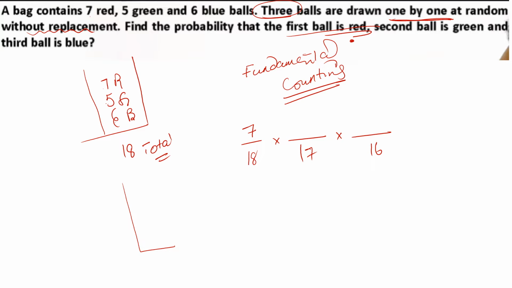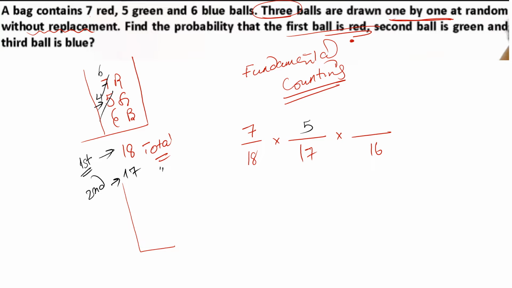So the first situation, you had the 18 balls, out of which you draw a red ball. Now in the second chance you will have 17 in total. Now you have to draw the green balls. So how many green balls are there? There are 5 green balls. If you draw one, now 4 green balls are left.